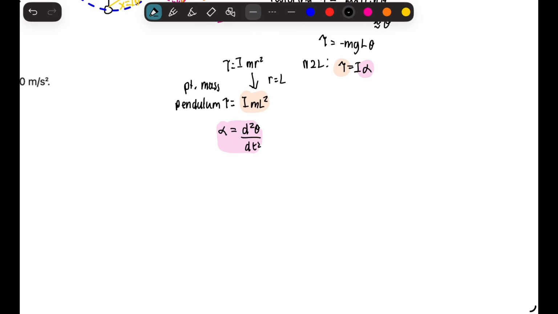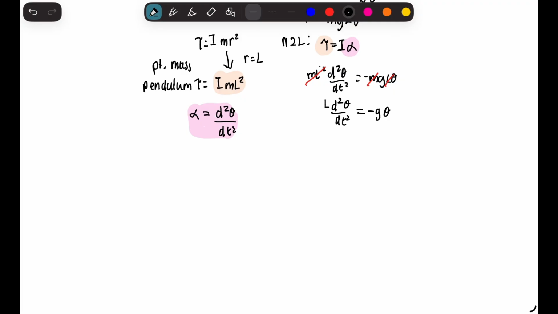So what you're going to have is ml squared d squared theta over dt squared is equal to negative mgL theta. After this, you can cancel out your ml, you see that on both sides, and your L. And you can rewrite this as L d squared theta over dt squared is equal to negative g theta.